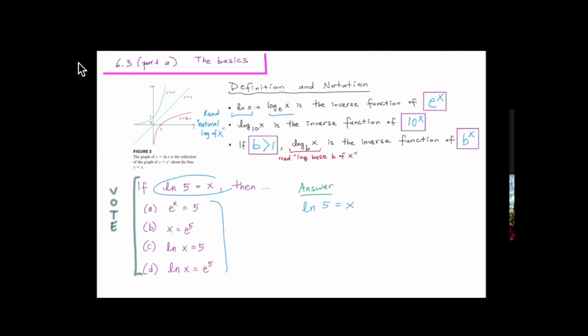So I can write e to the natural log of 5 equals e to the x. And because e to the x and the natural log of x are inverse functions, this value is equal to 5. So I have 5 is equal to e to the x.